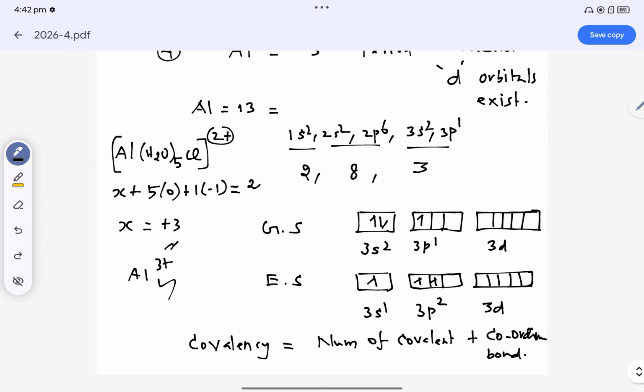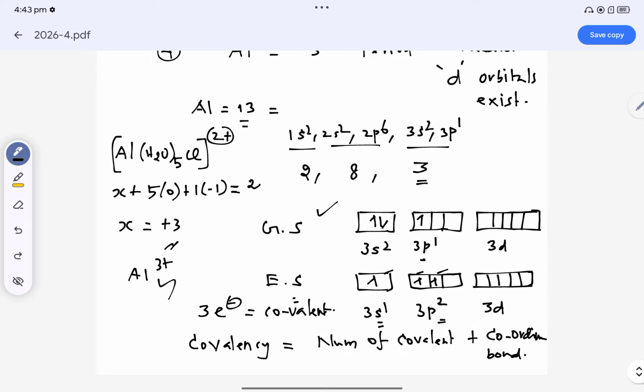So aluminium, atomic number 13, has electronic configuration 3s2 3p1 in the ground state. In the excited state you may have 3s1 3p2. So 3 unpaired electrons are available for covalent bonds.